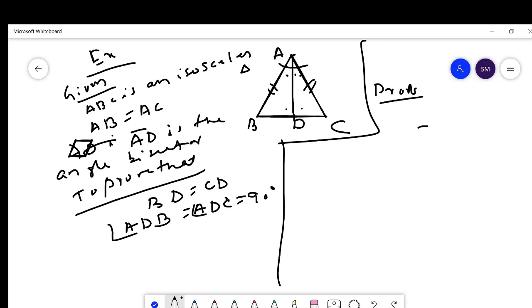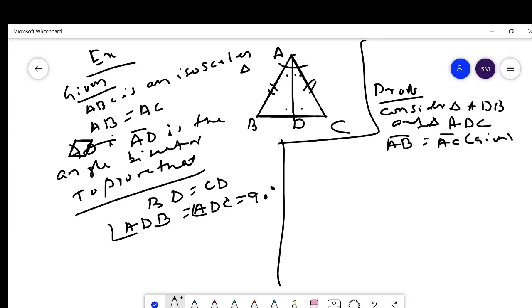Consider triangle ADB and triangle ADC. Here AB is equal to AC, given, and AD is equal to AD, the common side.